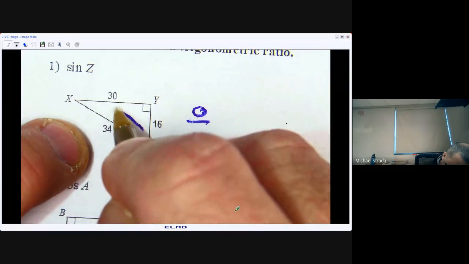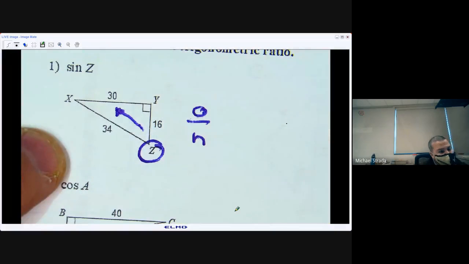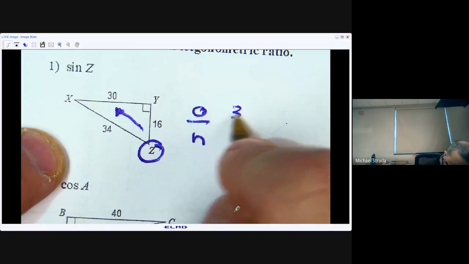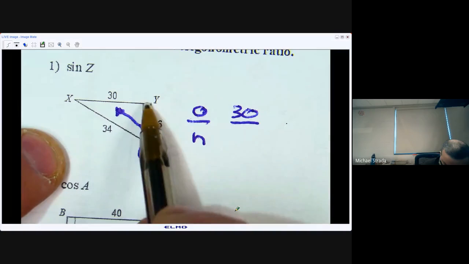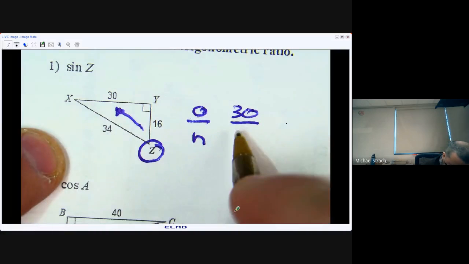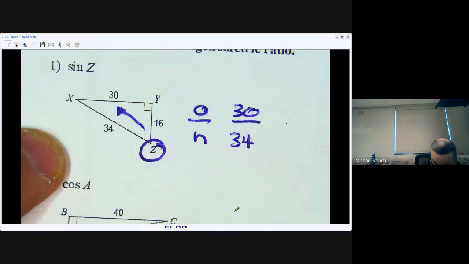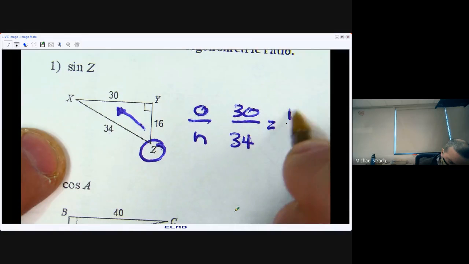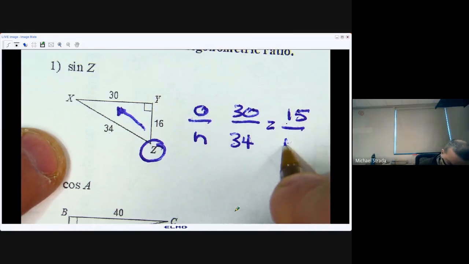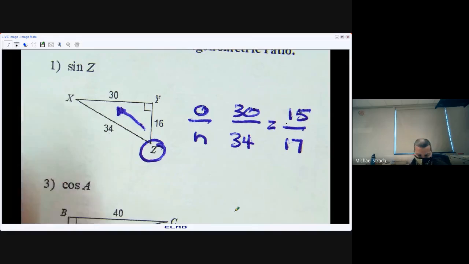Opposite angle Z is XY, which has a length of 30. The hypotenuse, which is the longest side and opposite Y, would be 34. So we start with 30 over 34, and obviously you are going to be expected to reduce. They're both even numbers. Half of 30 would be 15, and half of 34 would be 17.